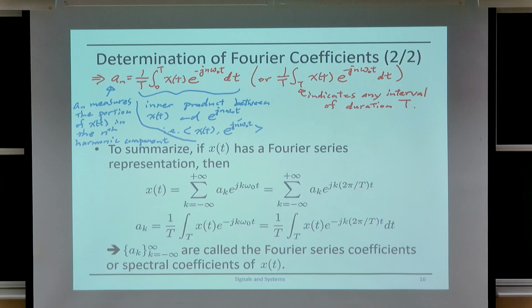Okay, so a_n measures how much x of t lies in the direction of the nth harmonic component.